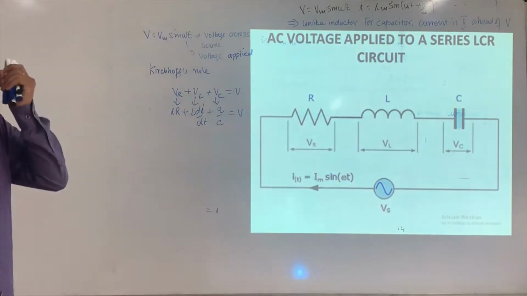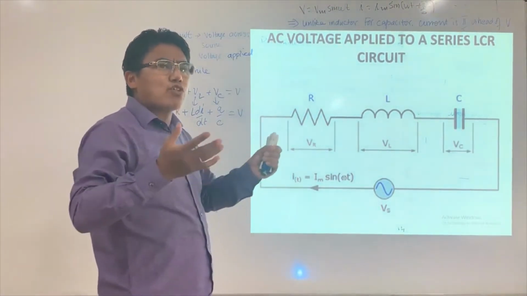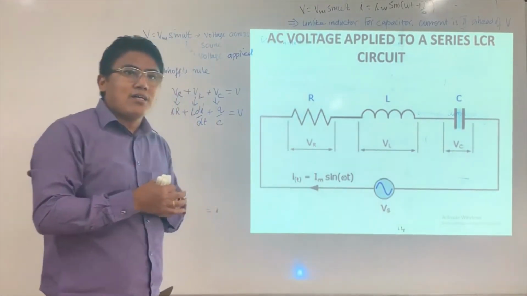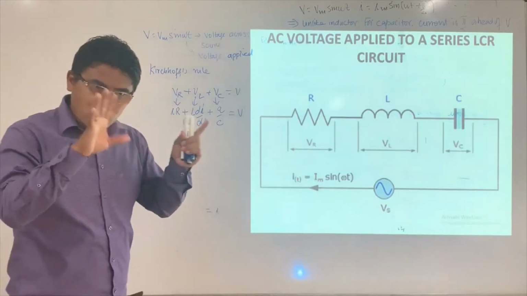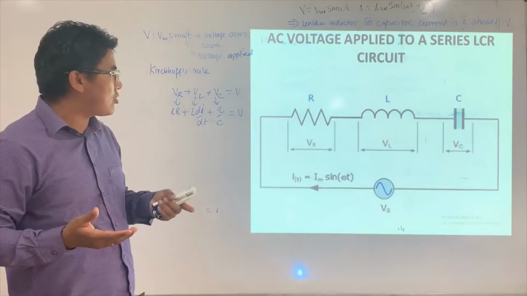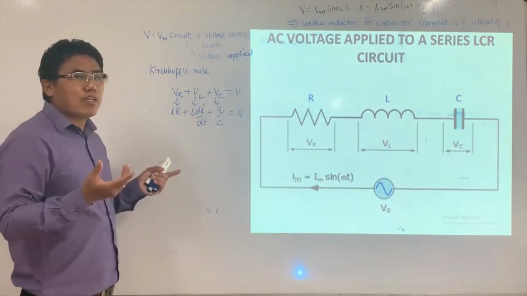Now what we are trying to understand is, there are two ways of handling this problem. One is the analytical method, solving this equation to get the solution. The other is the phasor diagram method.